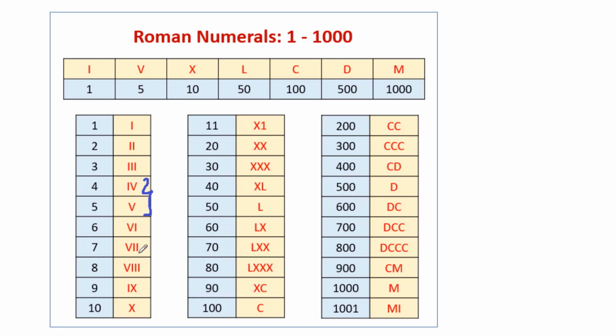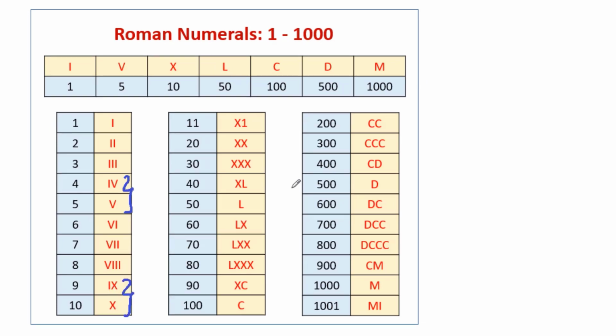For 6, 7, 8 you are adding V plus 1, 2, 3. And for 9 you are subtracting. The same pattern will follow in the next cases also. For 40 and 90 you will subtract with the higher symbol, and the same way for 400 and 900. Are you clear with this? If you follow all these rules, then it will be easy for you.